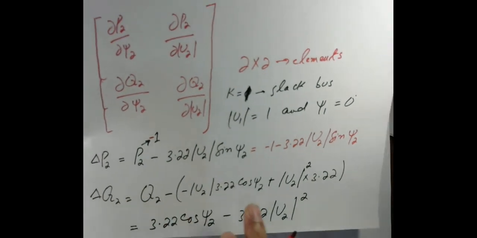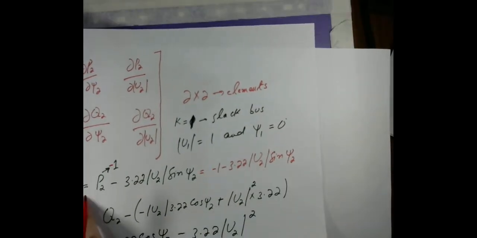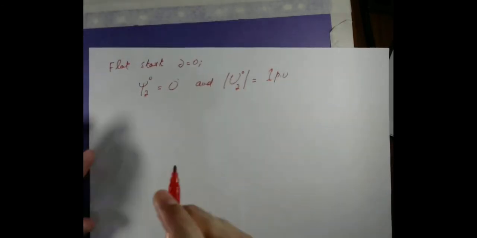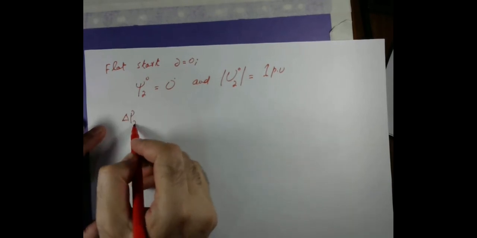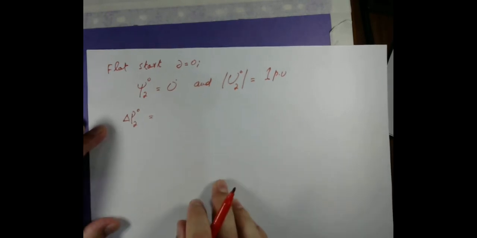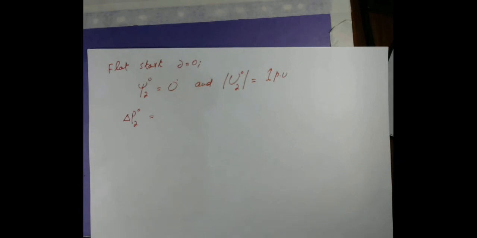Now delta P2 for the initial guess, that's why we put a 0 here. It is not the power, it is just the value for the initial guess of the power mismatch.